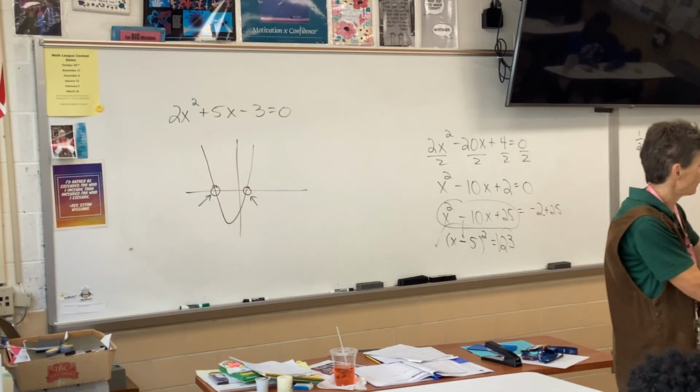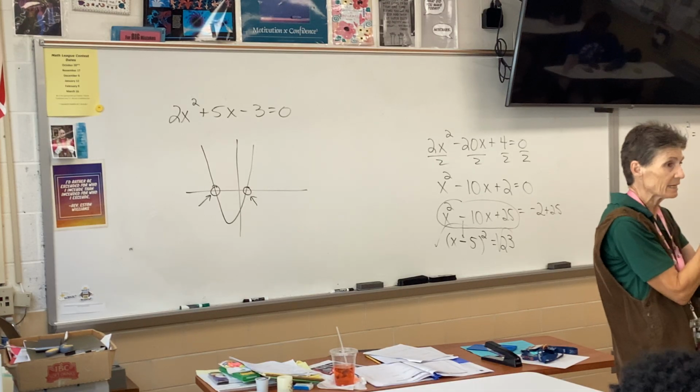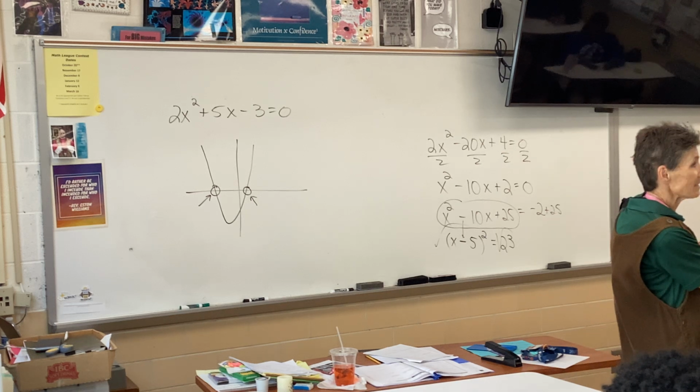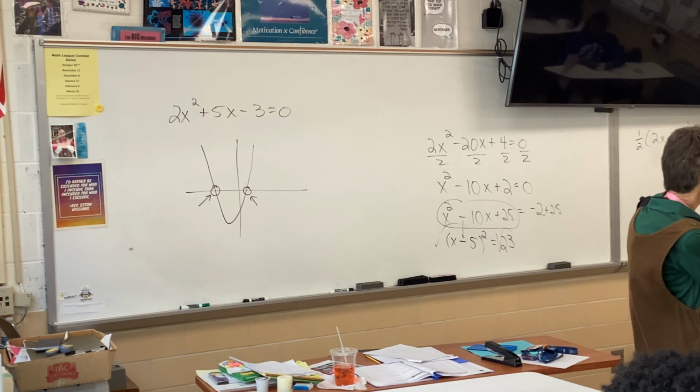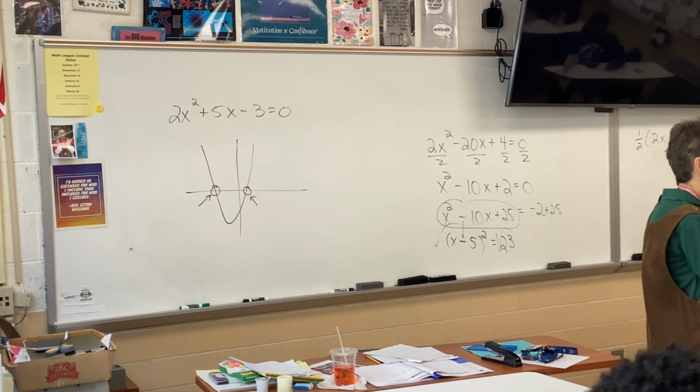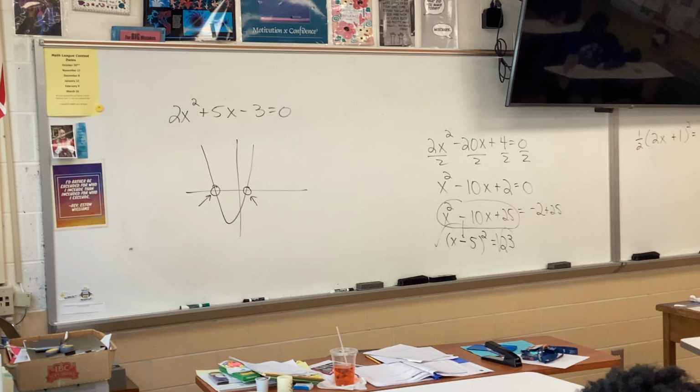So here's what you do. You press second, and then again, we're going back to that top row of buttons, the one that says trace, but it says calc above it. So we're gonna press second calc, so second trace. Alright?